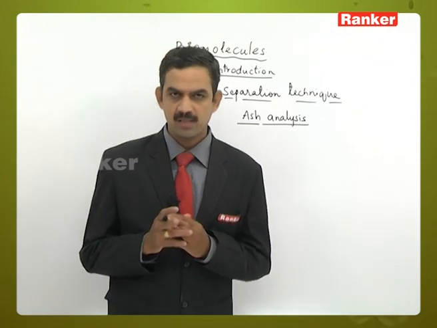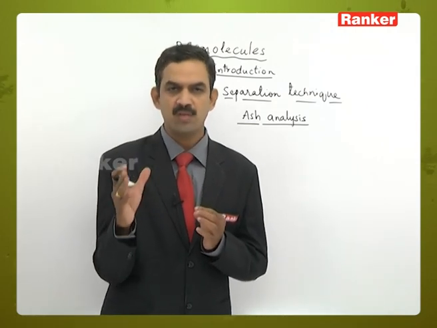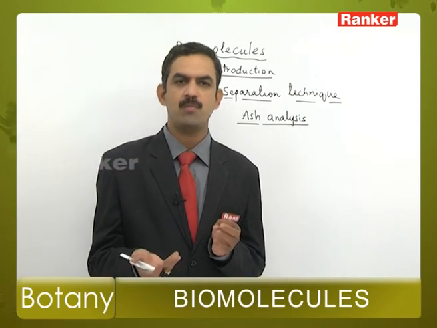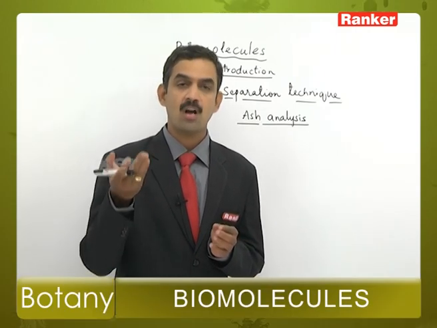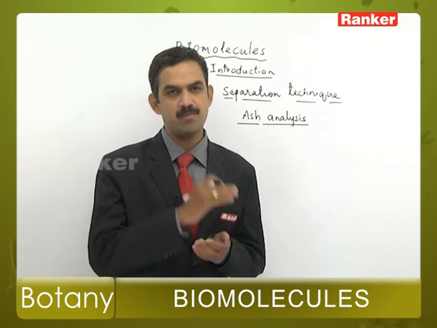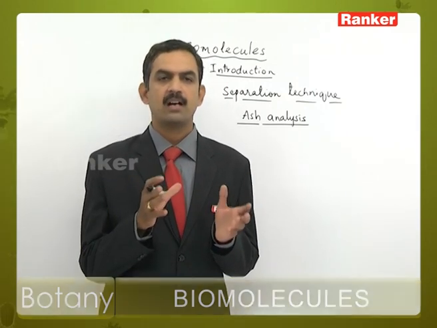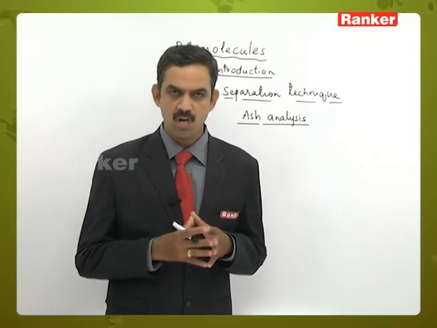But it is not compulsory that they always contain only these three elements. Sometimes they may contain additional elements, sometimes they may not contain some of these elements. It is not a particular type of element that has to be present in a biomolecule.